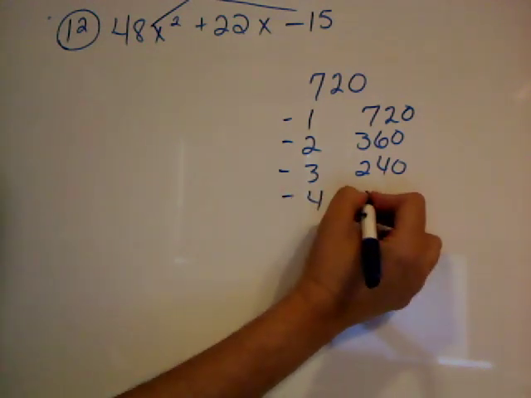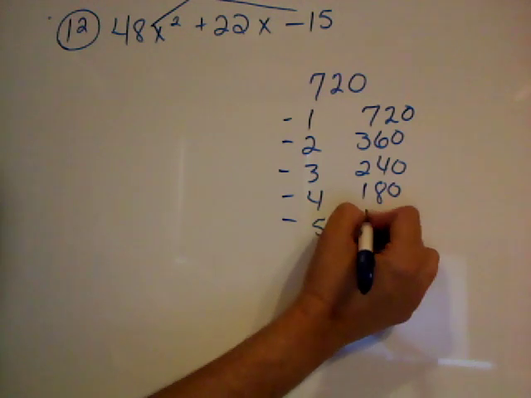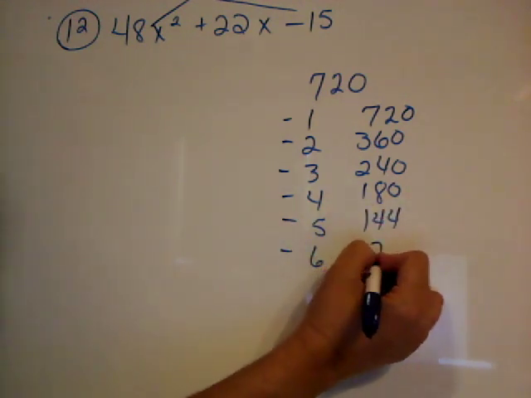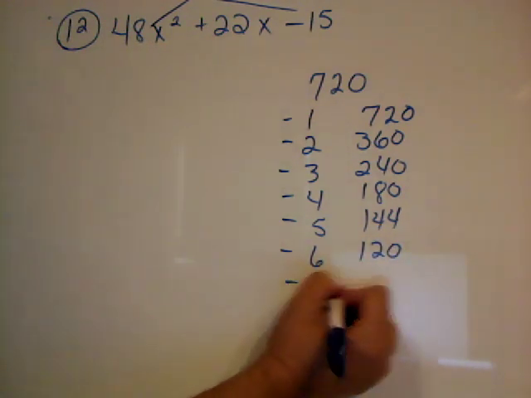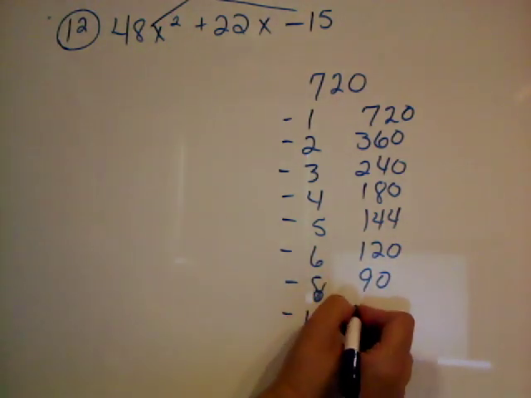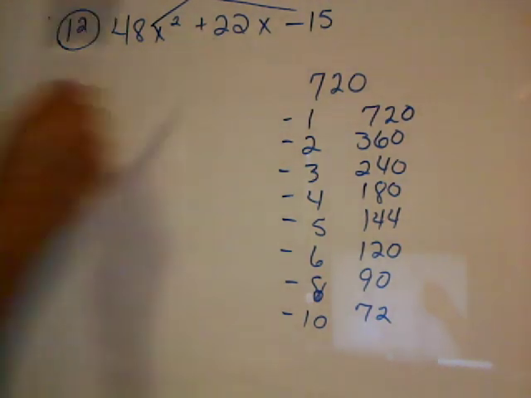A 4 will give me 180. 5 will be 144. A 6 will be 120. An 8 will give me 90. A 10 will give me 72. That puts me at 62. I need 22, so I'm still going to go.